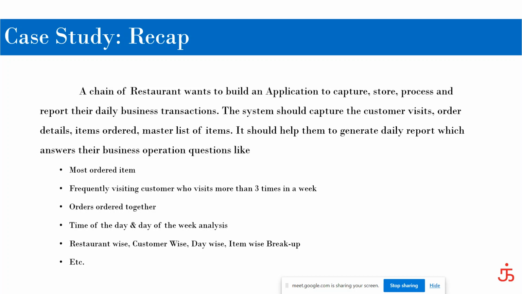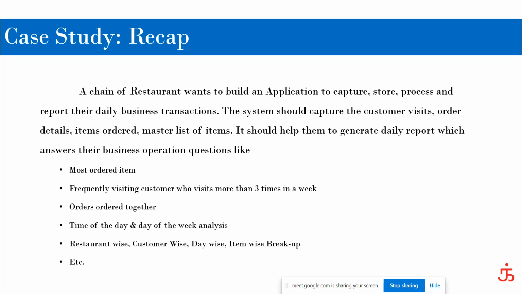So just a recap as usual. We are building a restaurant application to store, capture, process and report daily business transactions. The data we are going to capture is customer visits and orders: what item they ordered, what quantity was ordered, and the total menu, the entire exhaustive list of items.